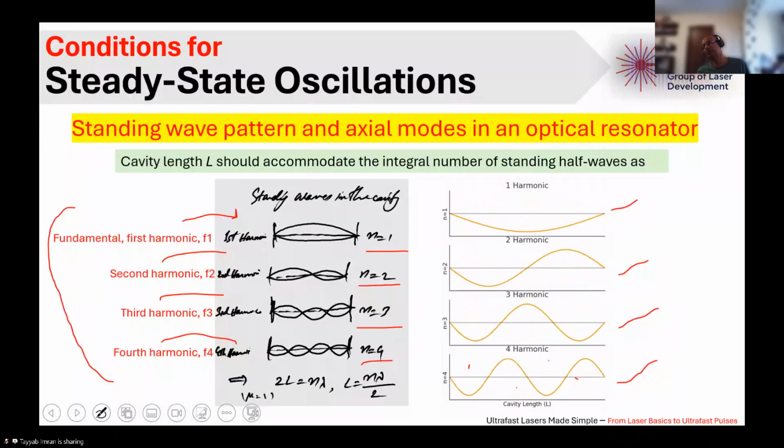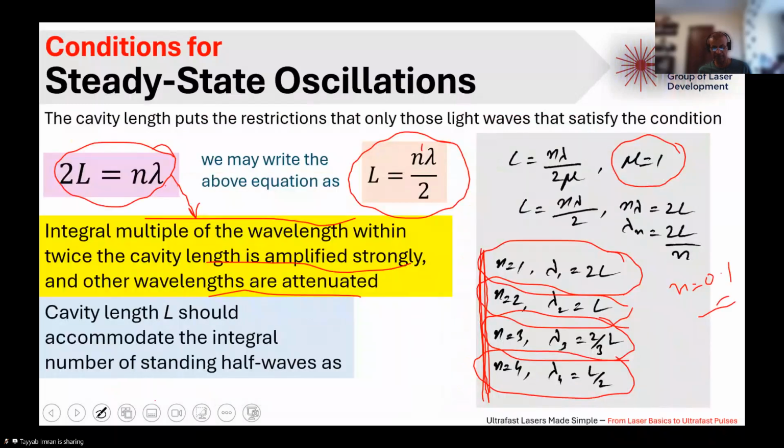This is what's going on in the cavity, and the conditions are supposed to be fulfilled. And this length L, as I mentioned, is very important. Whenever you design or build a laser, the length of the cavity is decided according to the wavelength, along with some other things, but in simple words, this length of the cavity.